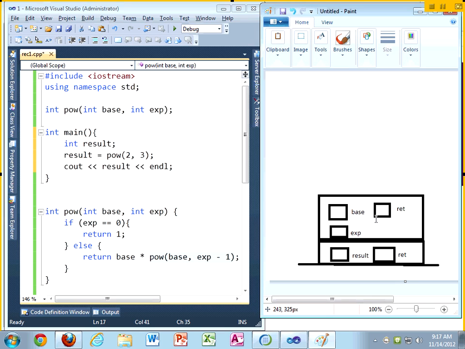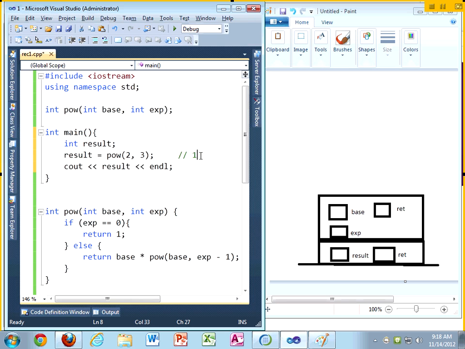Okay, and then the last thing I need, and this is the only other thing that I need to remember, is where this was called from, so that when I finish this function up, I know where to go back to in the execution of my program. So I'm sort of abstracting what's really going on the stack, but I'm going to call this place 1, because that's one place I call POW.